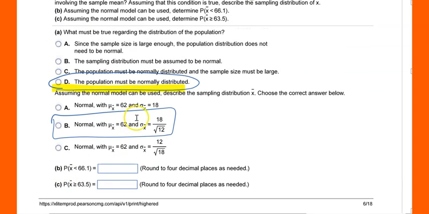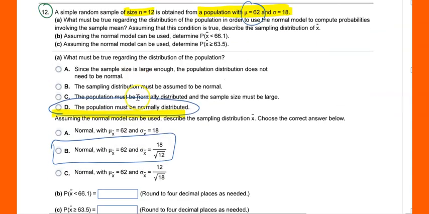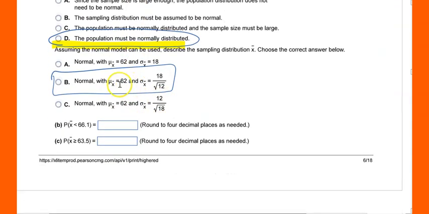Now, part B is similar to part B of question number 11, and here we use mean as 62, standard deviation as 18 over square root of 12, and this is the upper bound because it's less. Let me do the B, and you can do C by yourself.